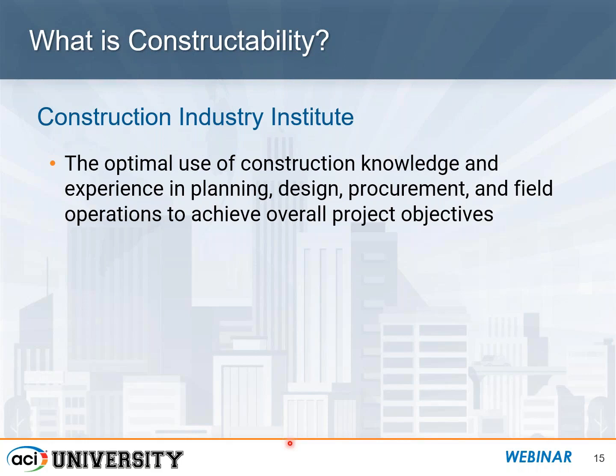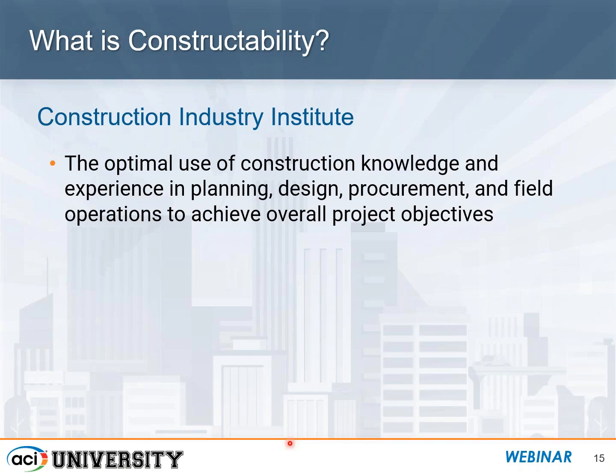It was developed by the Construction Industry Institute. They're headquartered at the University of Texas in Austin, started back in the early 1980s. It consists of contractors, owners, academia, design professionals.